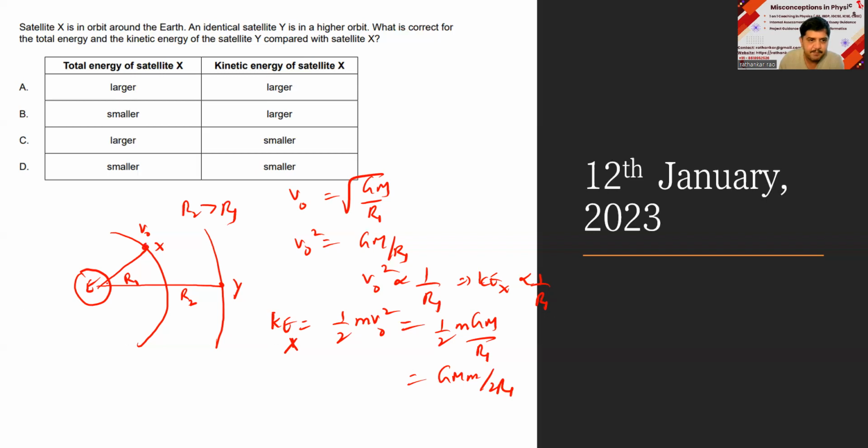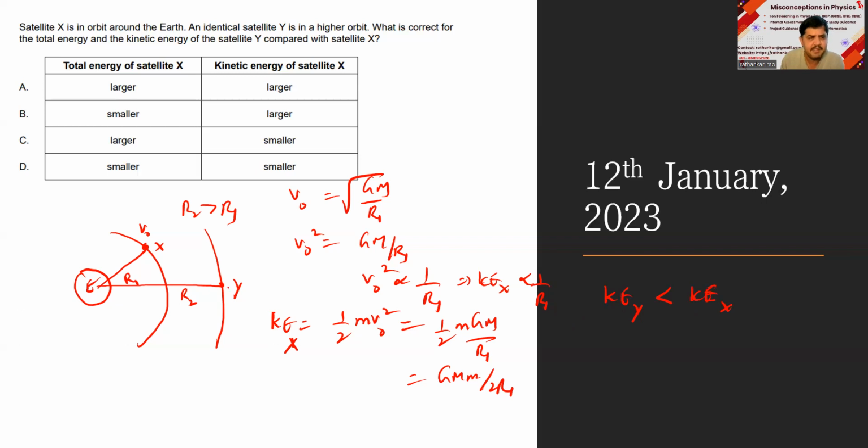See, R1 is this much, R2 is much larger, which means the denominator is increasing. When the denominator is increasing, kinetic energy will decrease. Can we now say that kinetic energy of Y is lesser than kinetic energy of X? Definitely you can say. Kinetic energy of Y is less than kinetic energy of X.